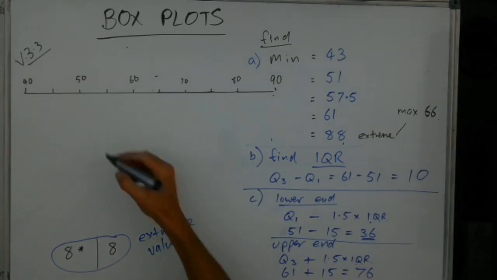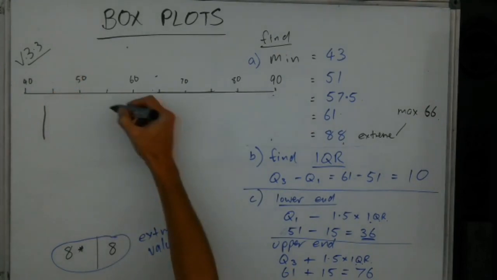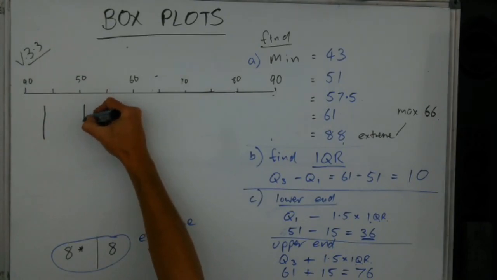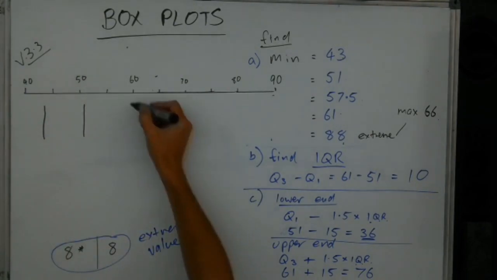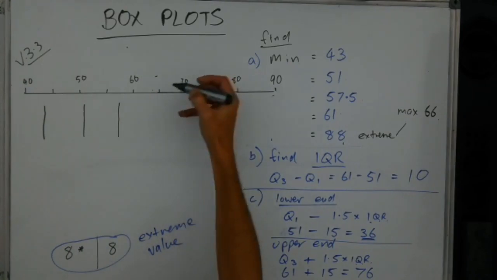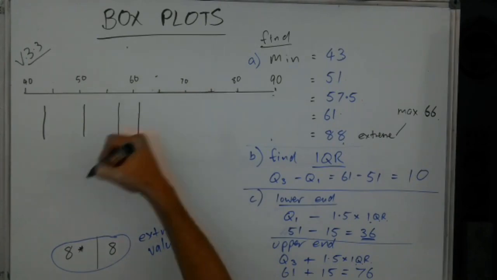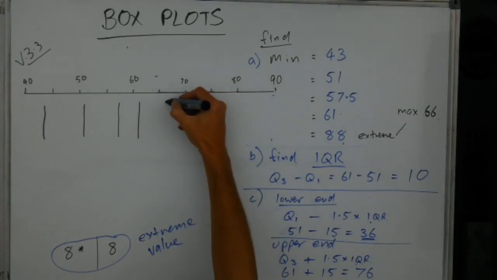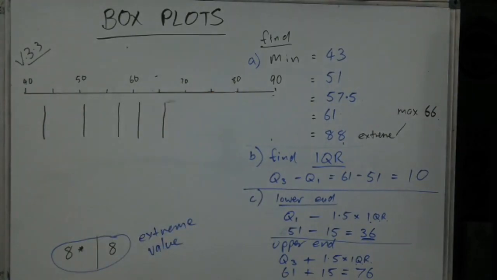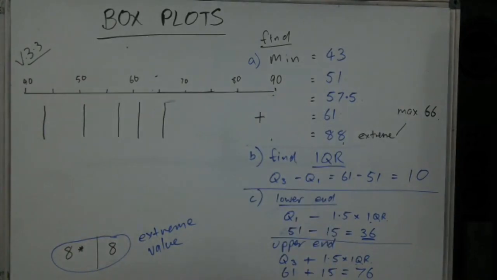So 43, if that's 45, must be about there. 51, it's probably best to rule these. 57.5 is going to be right there. 61, let's say it's there. And our max at 66, so that's going to be the end of our whisker, but we also want to indicate that we had a value up there.